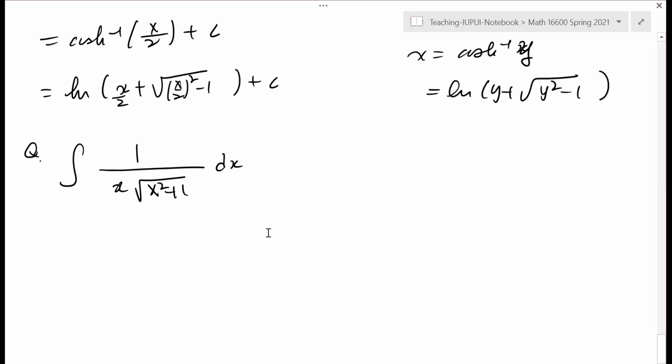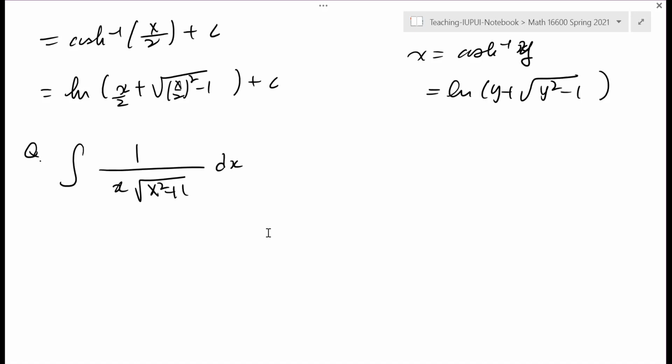That's on page 488. Let me copy the formula.